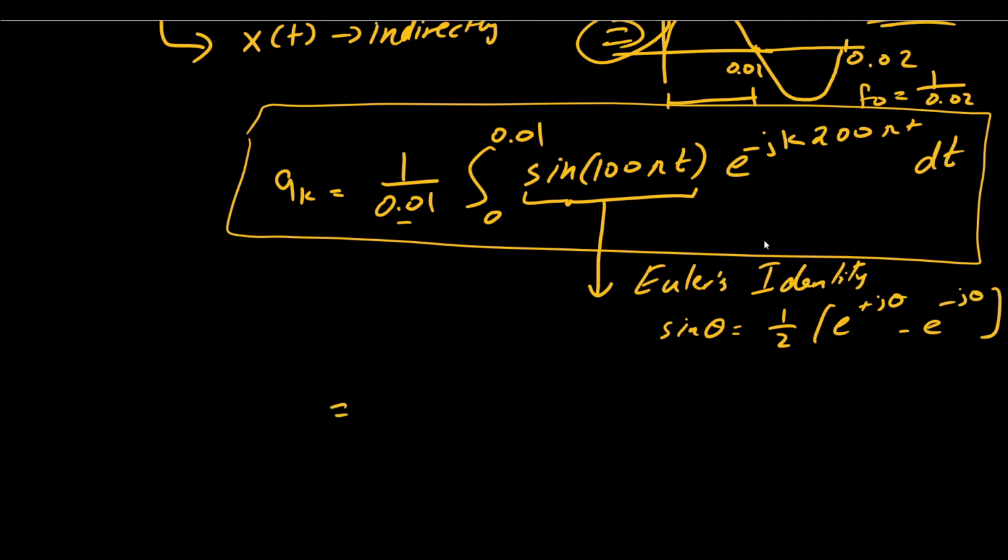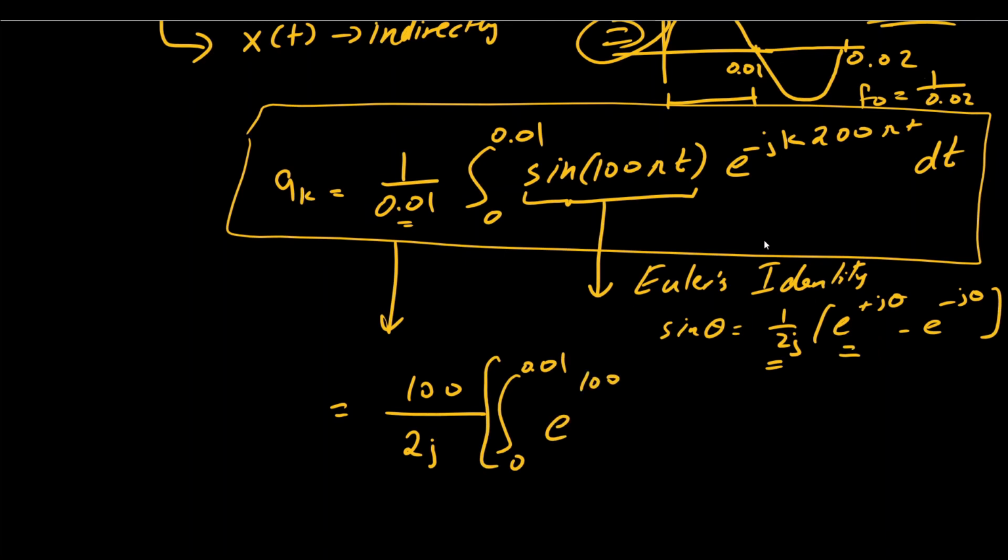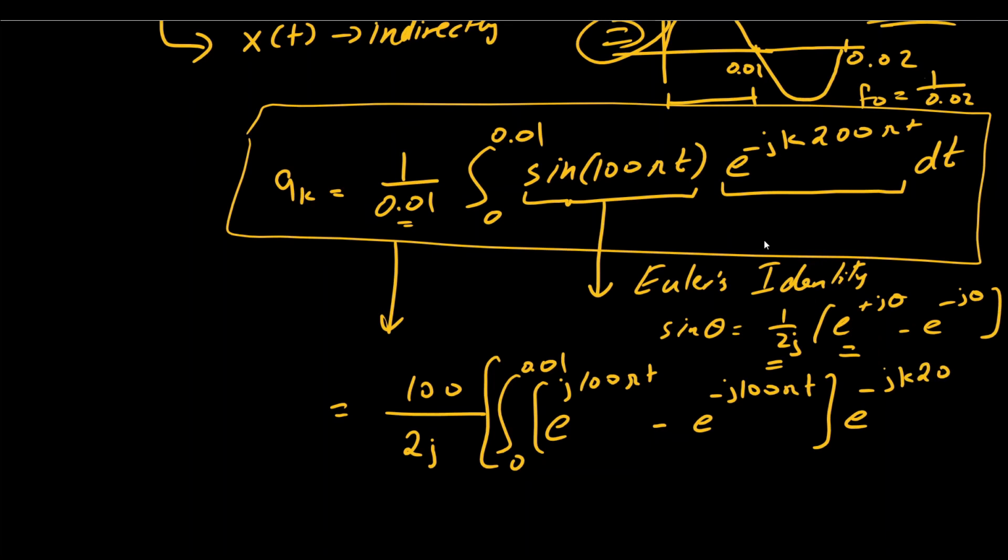So we would have this coming to 100, that is 1 over 0.01 is 100, and from here we have 2j, there's the j here, again the limit 0 to 0.01, and e to the j 100 pi t minus e to the minus j 100 pi t, and both of these exponentials are multiplied with the basis function, that is e to the minus jk 200 pi t dt.